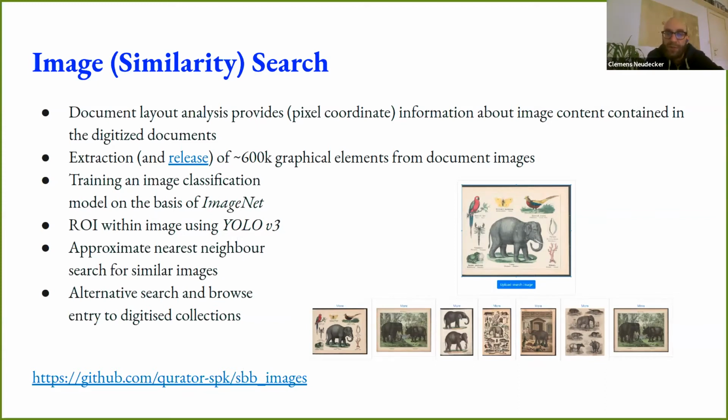It's not shown here, but you could, for example, in the image with the elephant, select one of these birds, and then the system will only be looking for this bird type element within the image. The nice thing is that, as Joachim already showed, this really provides an alternative kind of browse and entry point into a collection, which can be very nice to play around with and to explore it from a different angle.